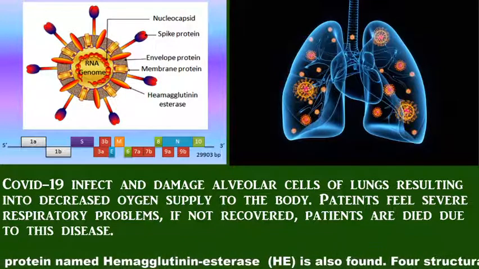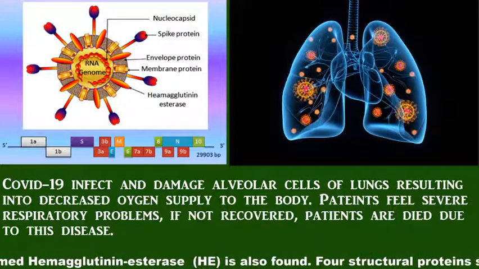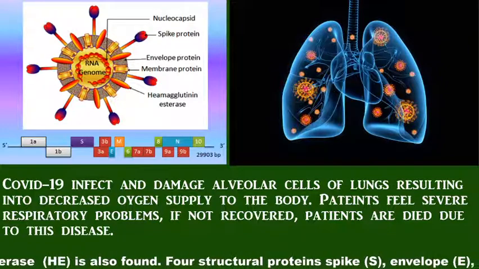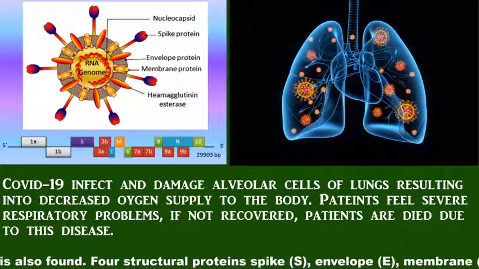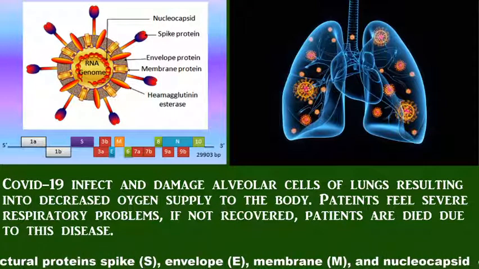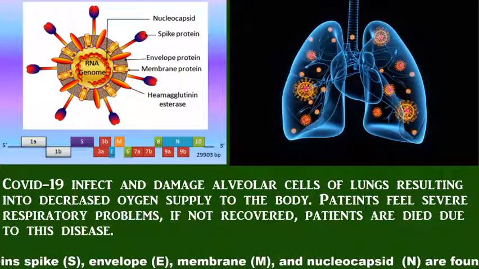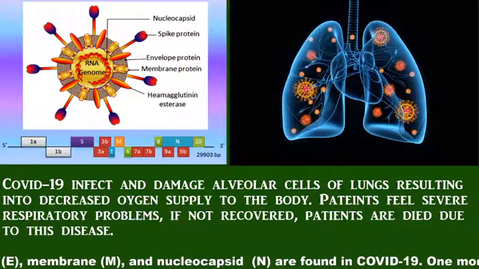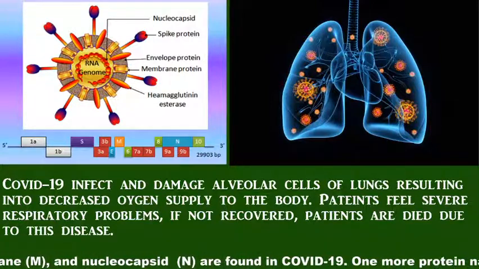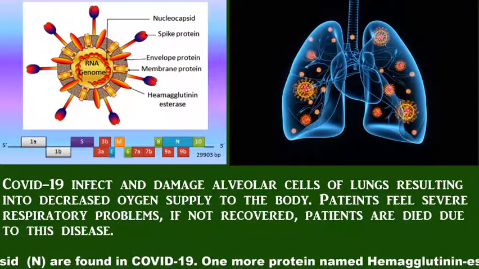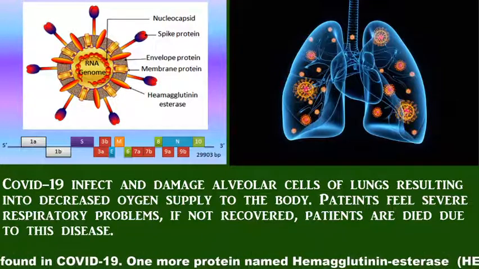So, how does this virus reproduce inside the host cell? We know RNA is the genetic material of this virus. RNA contains entire genetic information to produce all required structural proteins for assembly of new viral particles.